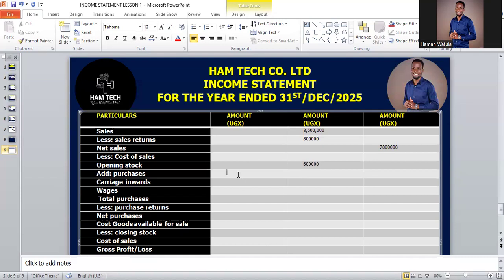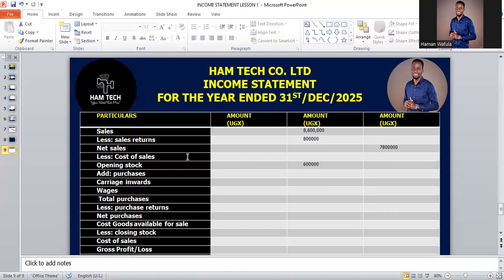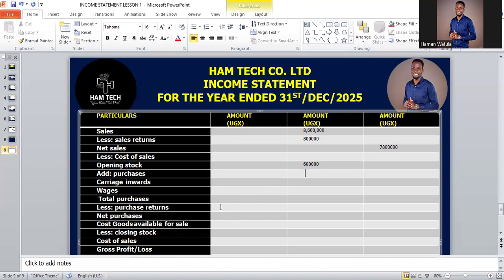Our purchases, we're going to write them in this column. Purchases is 3 million.